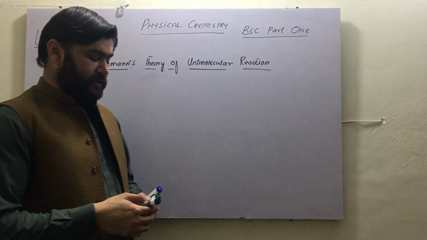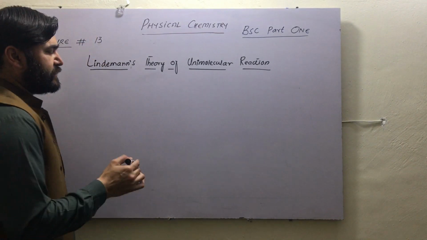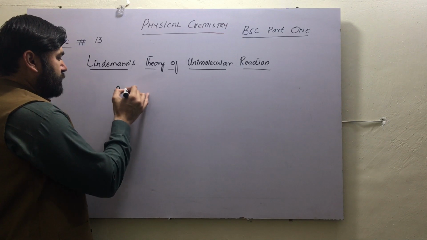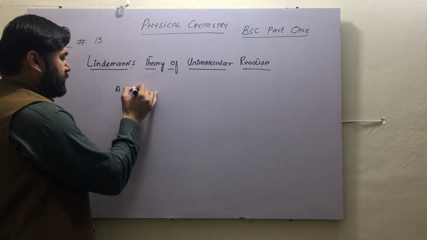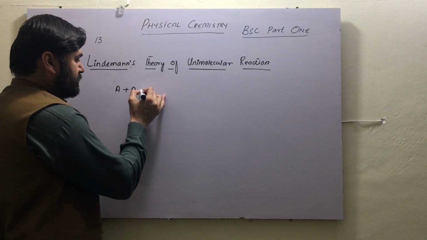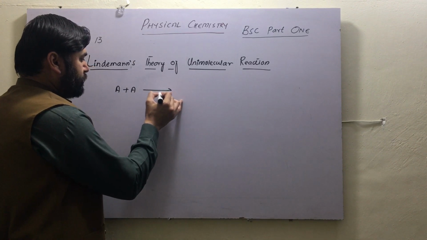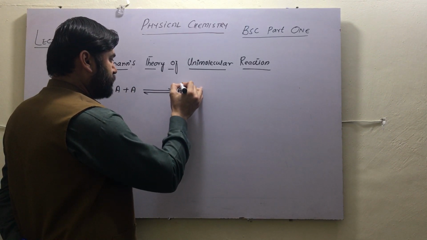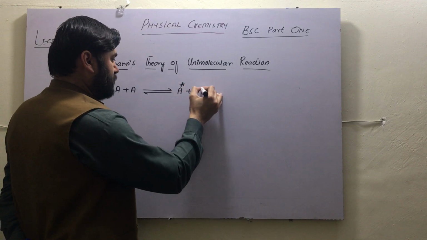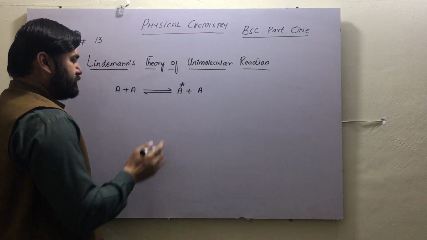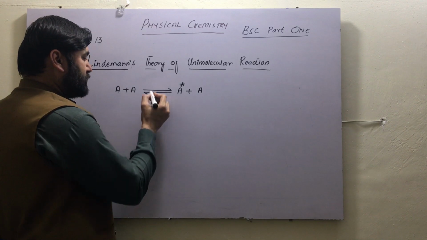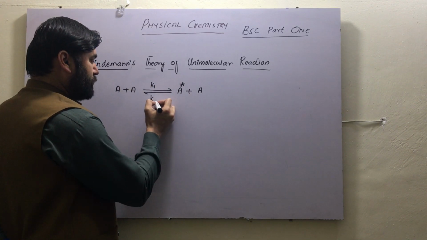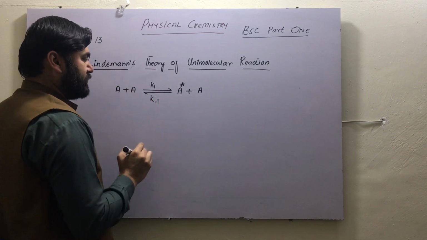And what is basically this? Let me represent it with a chemical equation. Suppose there are two molecules, A plus A, and when they react with each other, they will form a product, that is A star plus A. This is a kind of reversible reaction, and the rate will be k1 for the forward reaction and k minus 1 for the reverse reaction.